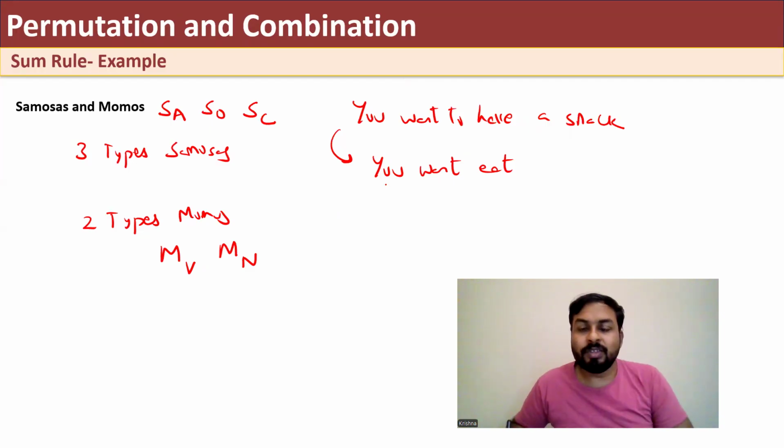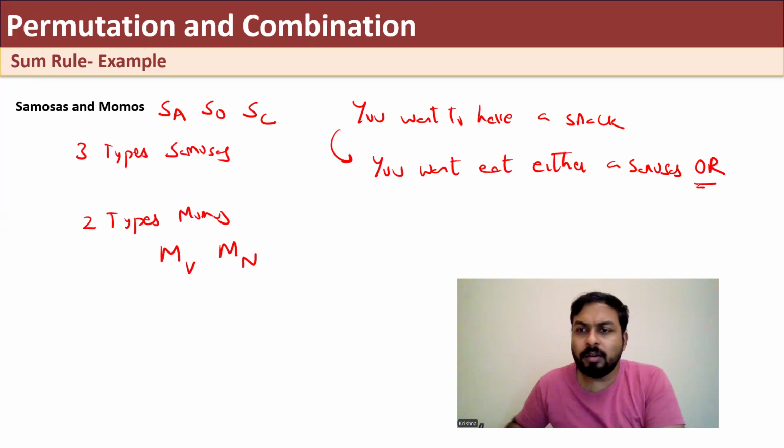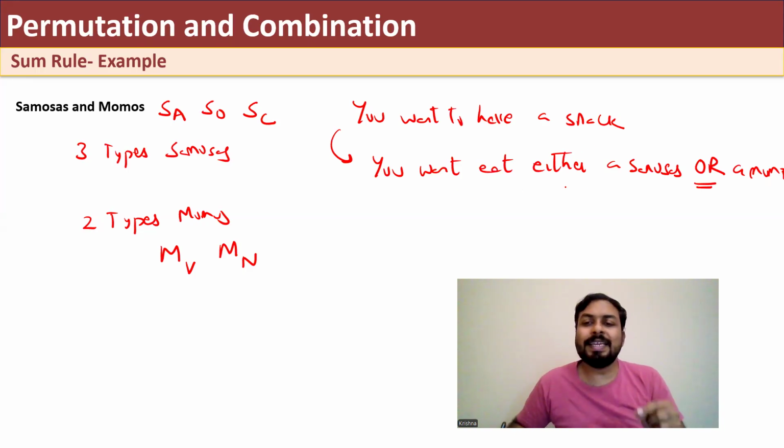So that means you want to eat either a samosa, in which you have three varieties, or a momo.